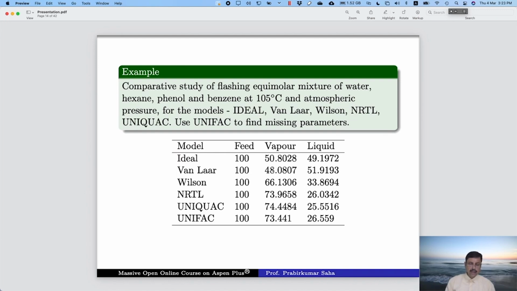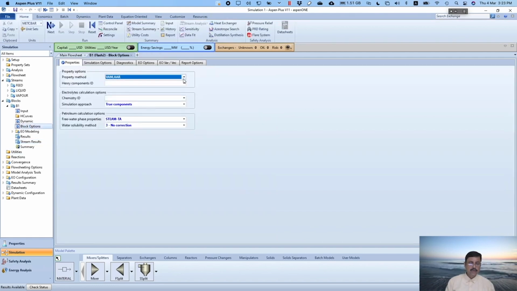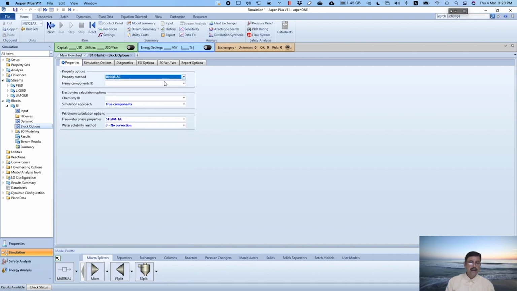Now if you use UNIQUAC, then you are expected to have 74. Just check. Go to block option and go to UNIQUAC and run.